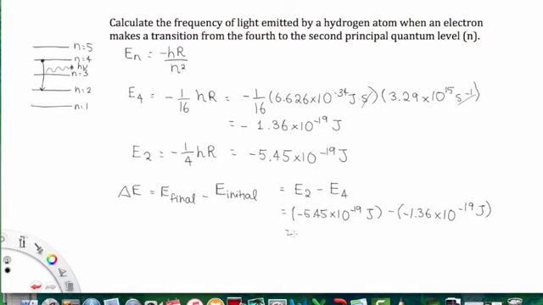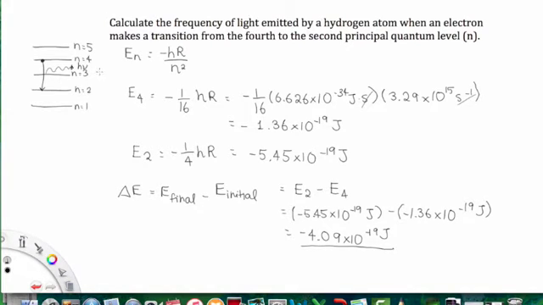And we end up with a value of negative 4.09 times 10 to the power of negative 19 joules. Okay, so this is the delta E. The minus sign exists because the electron's energy has decreased when it's going from n equals 4 to n equals 2, and the energy is released as electromagnetic radiation, as you can see right here.